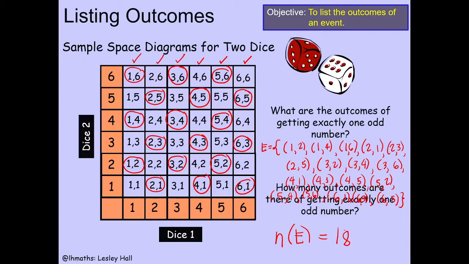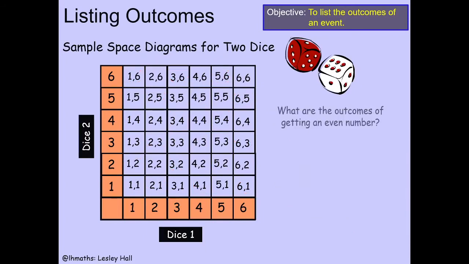Okay? Now let's have another question here. What if I'm going to be asking you, what are the outcomes of getting an even number? 1, 1. Even? 1, 1? 1, 2. Okay. 1, 4. Then what else? 1, 6.